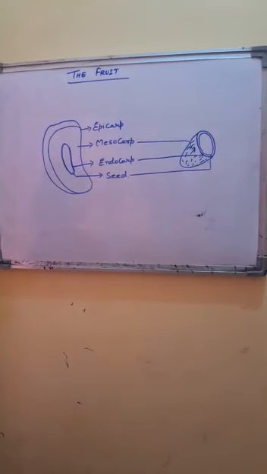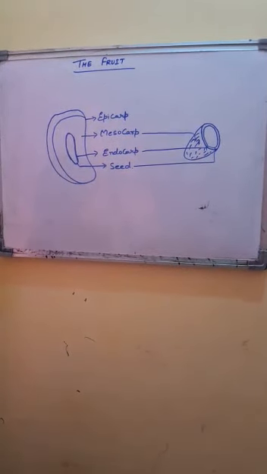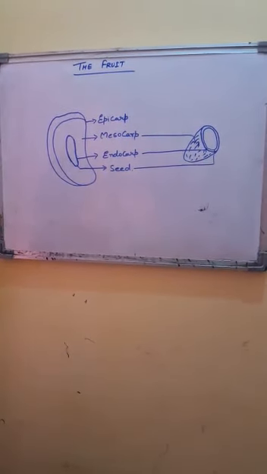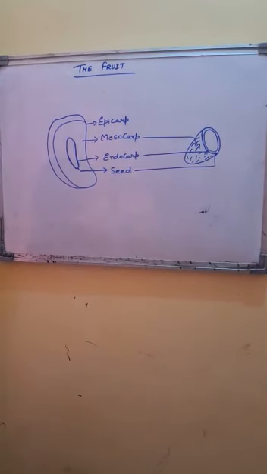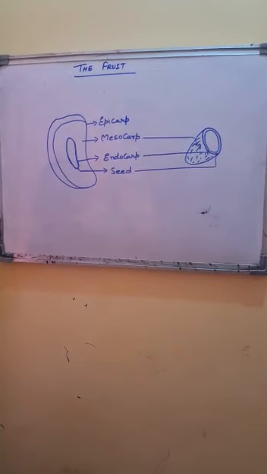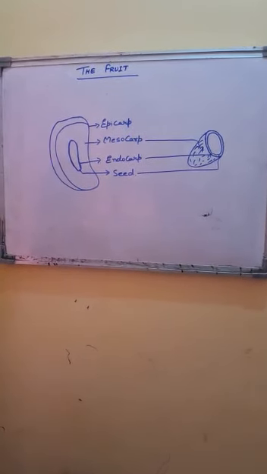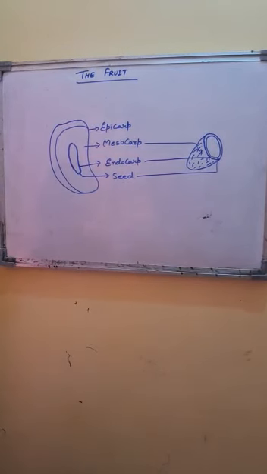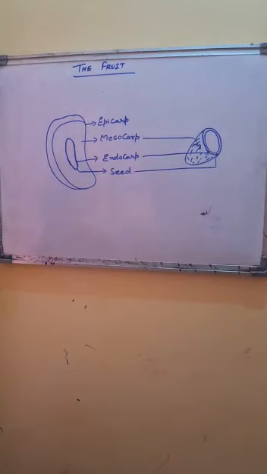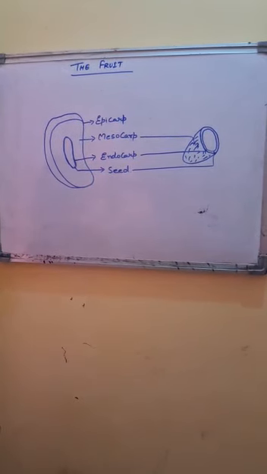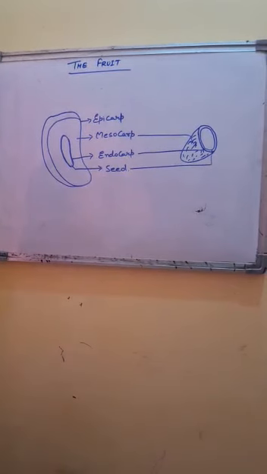Sometimes along with ovary, or sometimes only another part develops as fruit, and such fruits are called false fruits or pseudocarps, because these do not fit in the definition of fruit. So false fruits are the fruits which are developed not from ovary but from any other part of the flower after fertilization.